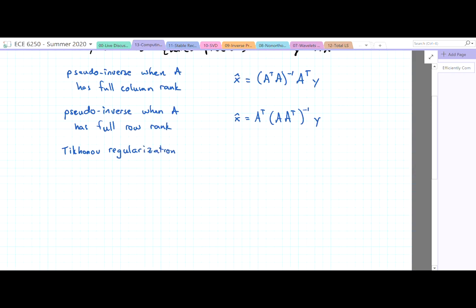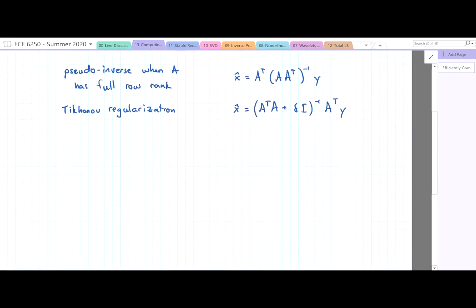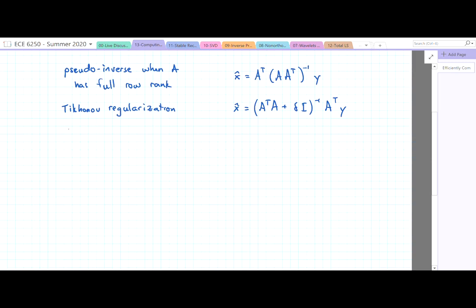So Tikhonov regularization gave us a solution that looked like essentially what we had for our pseudo-inverse, except now we apply a diagonal offset to ensure invertibility, and also to reduce the range of singular values, and therefore the growth of the error due to the inverse there.